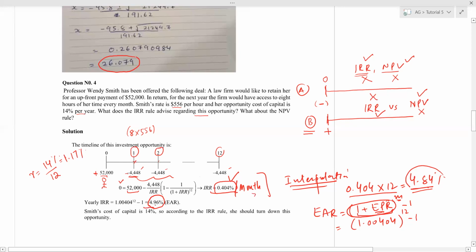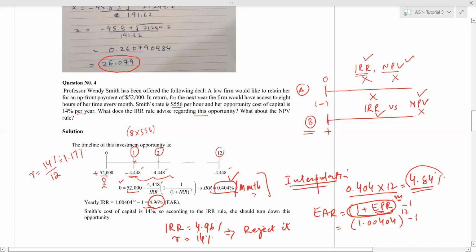Okay, so according to the IRR rule, IRR is equal to 4.96%, while your R is equal to 14%. Since your IRR is lower than your cost of capital, the rule says that you will reject it.